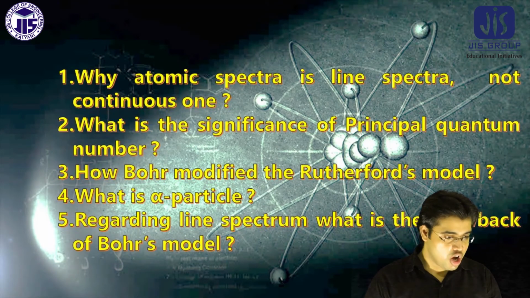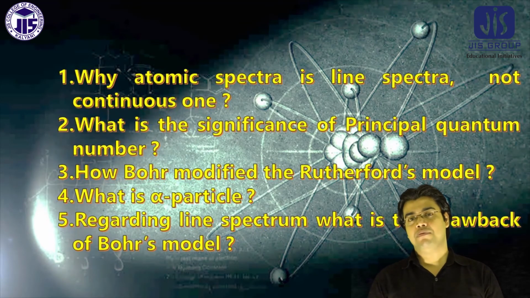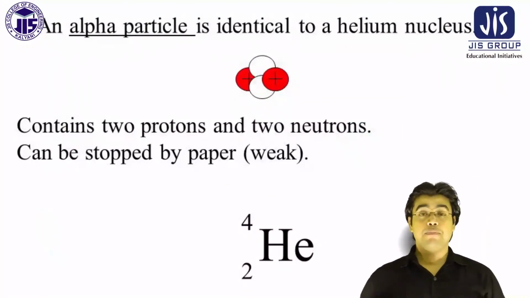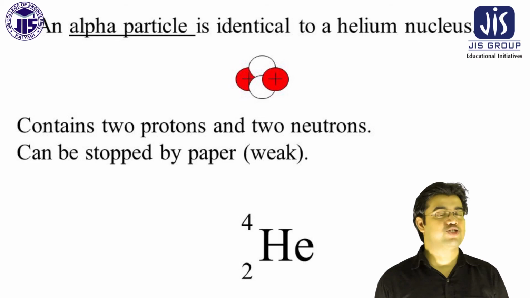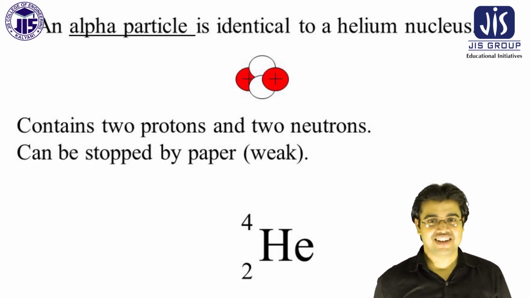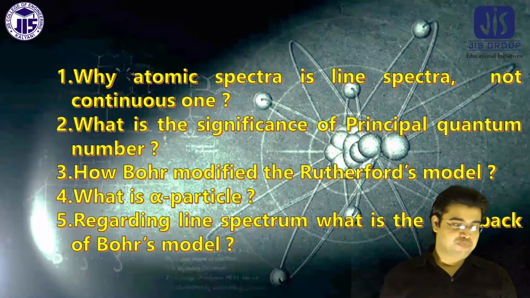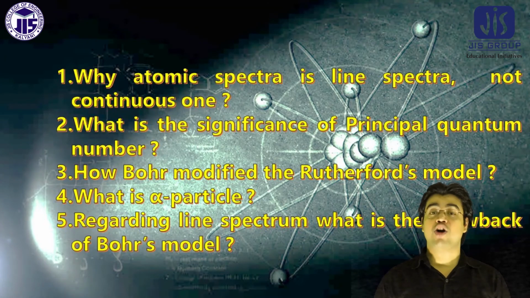The next question was, what is an alpha particle? An alpha particle is a helium nucleus, what is produced if we remove the two electrons from helium. Last question of the previous day's assignment: what is the drawback of Bohr's model regarding the light spectrum?